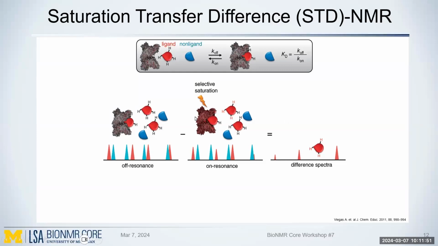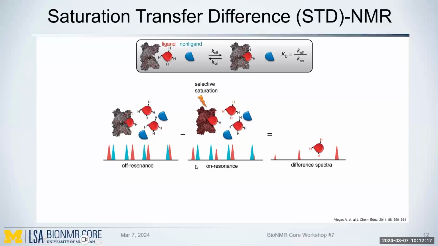And then we can apply a saturation pulse. So we selectively saturate the protein resonances. And then this saturation can be transferred from the protein to the ligand that binds to the protein. While for non-ligand that does not bind, they do not receive saturation. And this saturation can result in peak intensity reduction. Then we can record what is called the on-resonance spectrum.